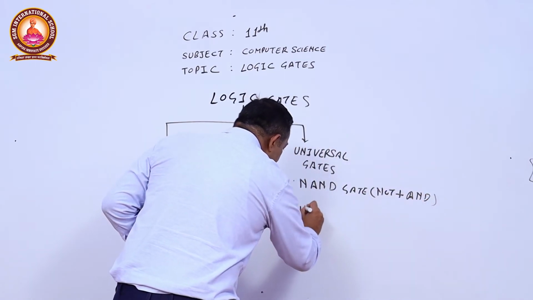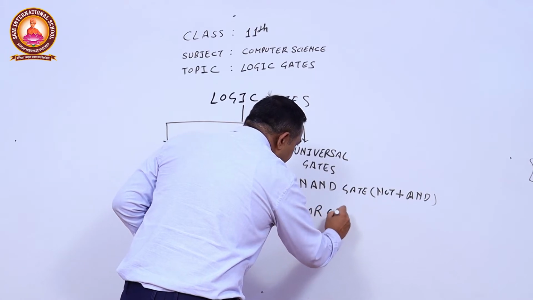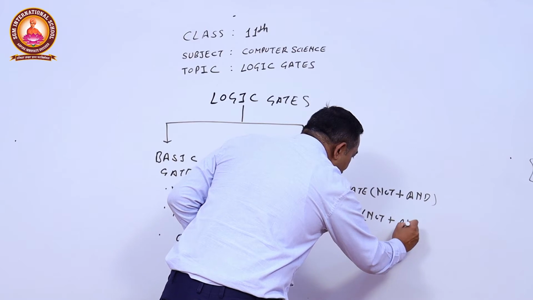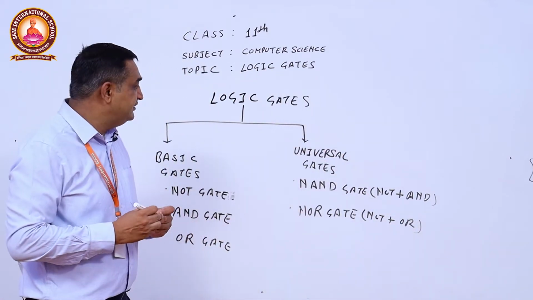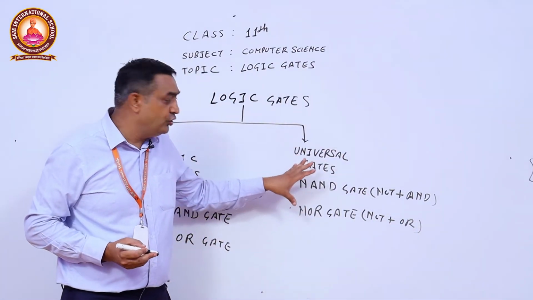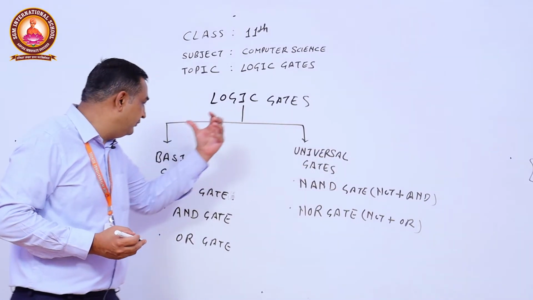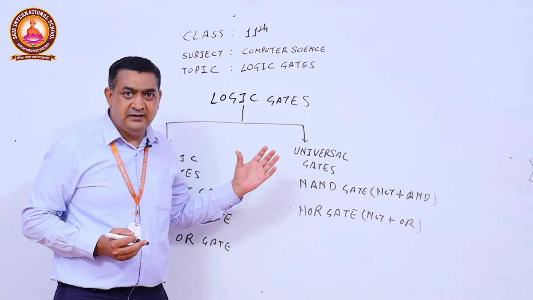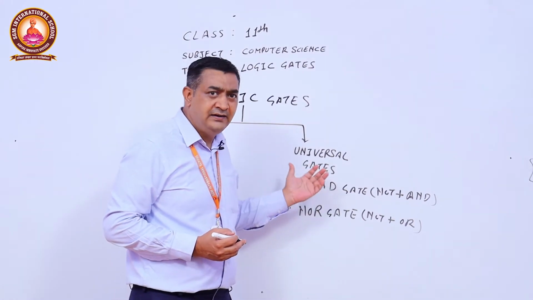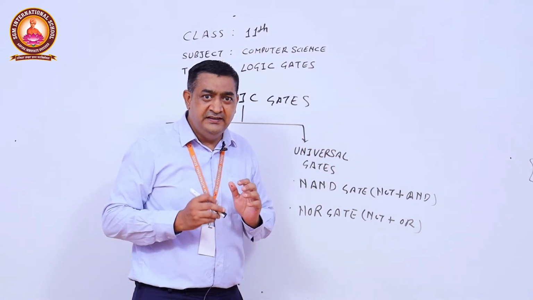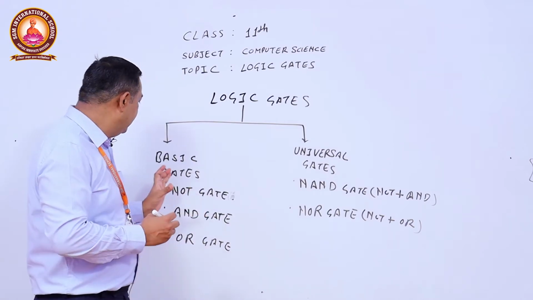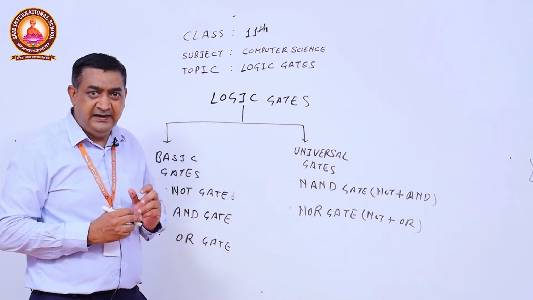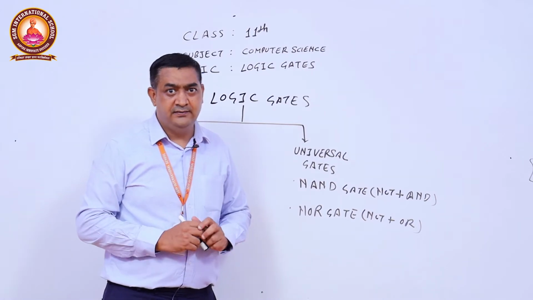And the second gate is the NOR gate, NOT plus OR gate. This is known as universal gates because these gates are derived from the basic gates. I will discuss the universal gates in the next video. In this video, I am discussing only the basic gates. These are the NOT gate, AND gate, and OR gate.